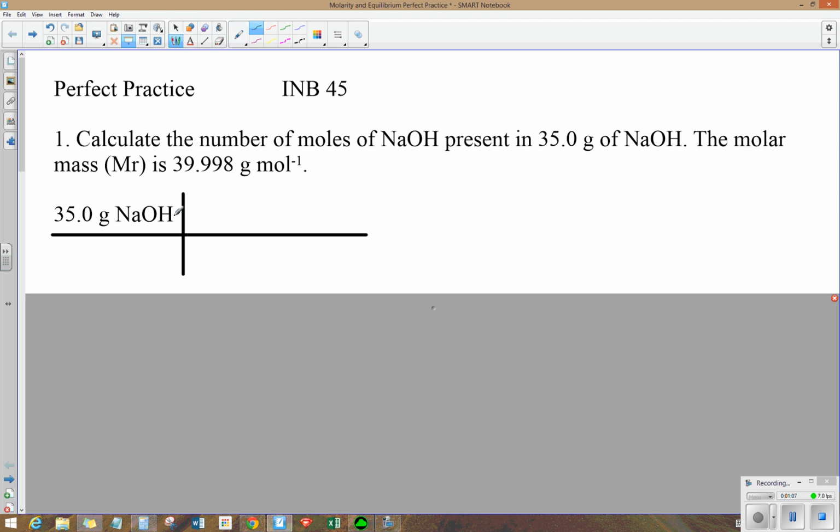So starting here, we're looking at the fact that we have grams. Because we have grams, we want grams of sodium hydroxide on the bottom. We are converting to moles of sodium hydroxide, so that goes on top. And then looking at the molar mass, remember that this means that there are 39.998 grams in 1 mole.